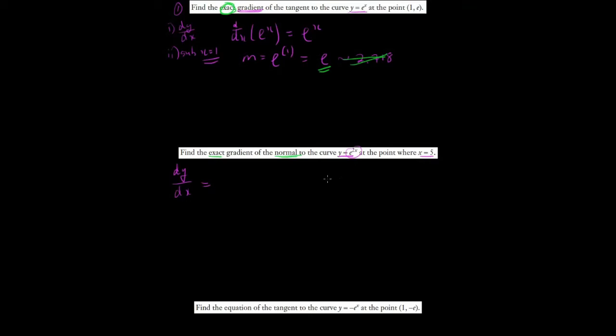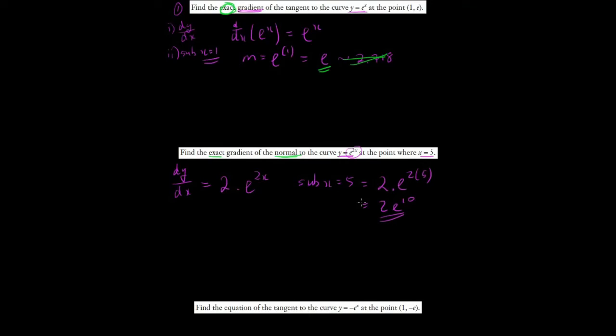So if y is e to the power of 2x, this would become 2 times e to the power of 2x, right? So if I substitute x is equal to 5, this would be 2 times e to the power of 2 times 5. So this would become 2e^10.